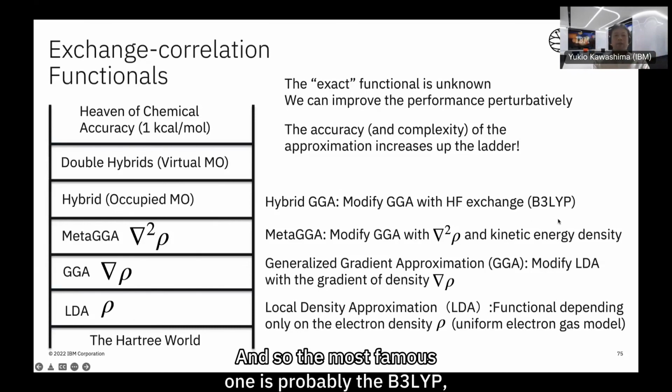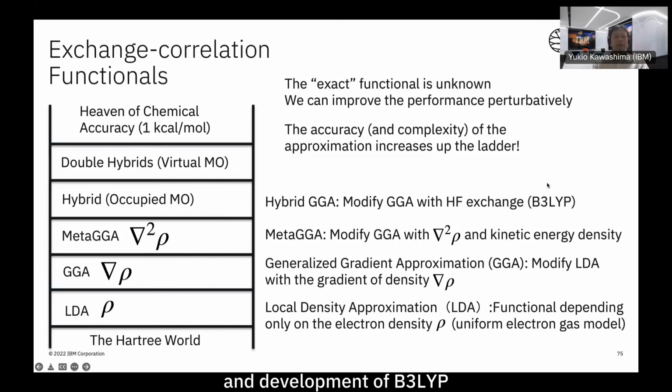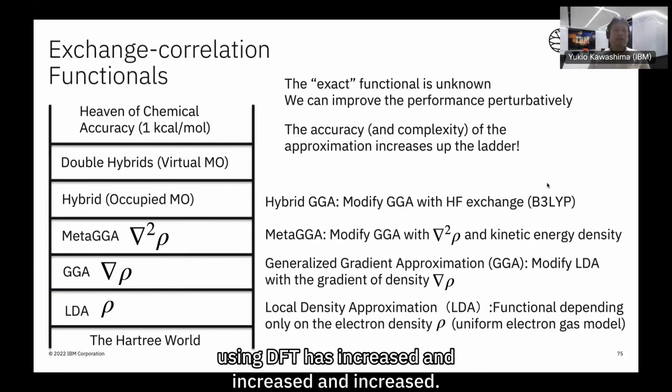And so the most famous one is probably B3LYP. And the development of B3LYP made chemists excited, and almost everyone started to use DFT after the development of the hybrid GGA. And the number of people using DFT has increased and increased and increased.